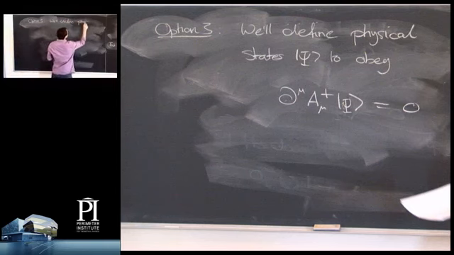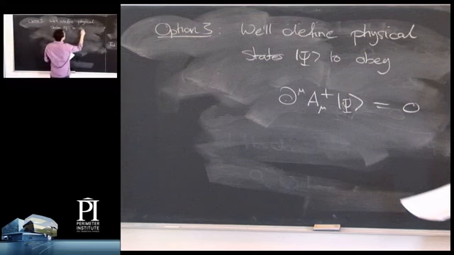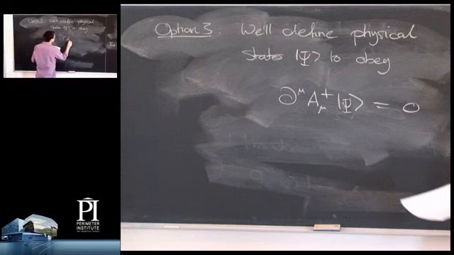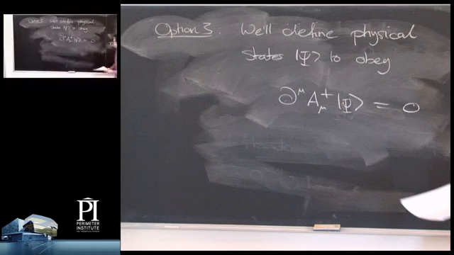We'll define the physical states within our Hilbert space to be those that obey the Lorentz condition, but not the full Lorentz condition, just this positive frequency part, so just the part with the annihilation operators.